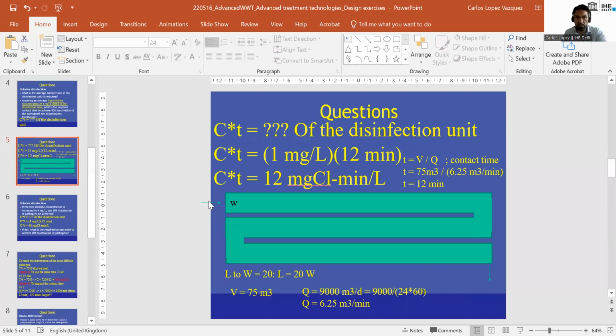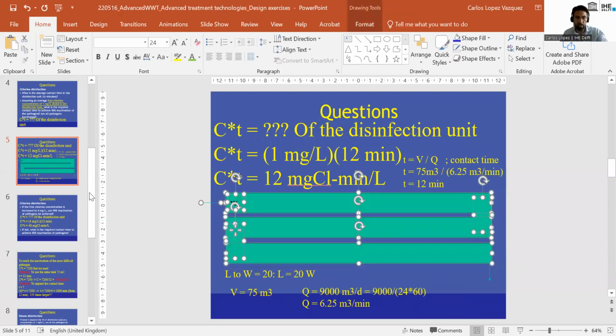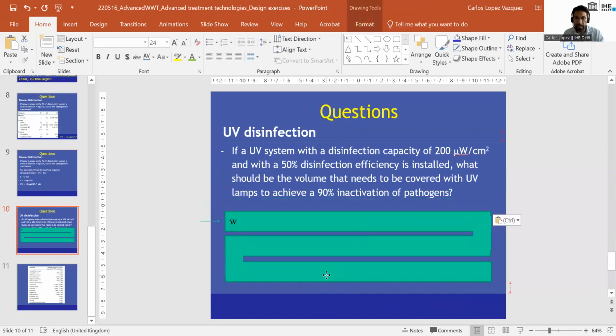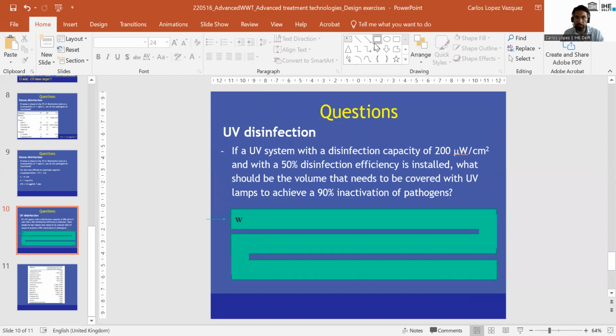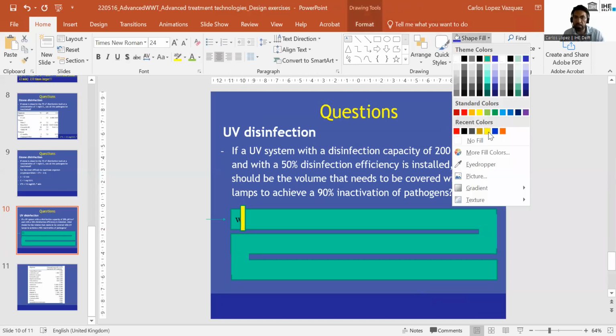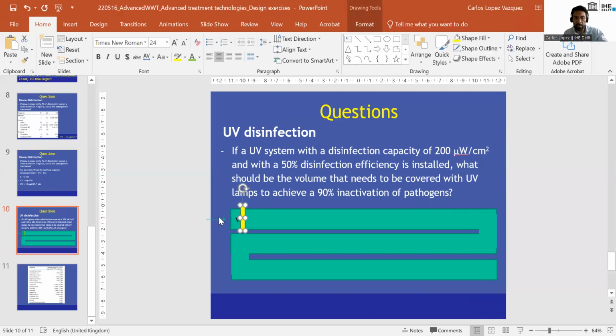So this is our disinfection tank. Now if we install some UV lights, we are going to build some UV lights on top of the system, like this, several UV lights.